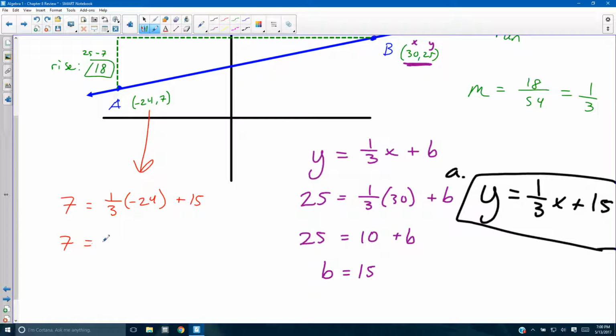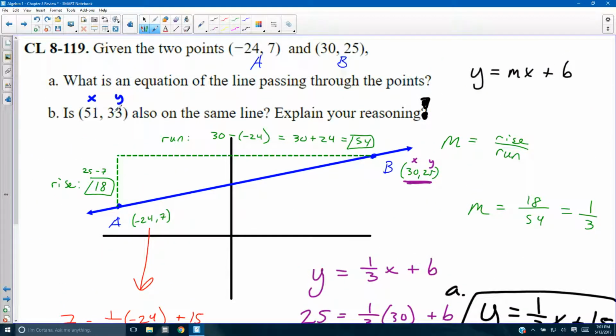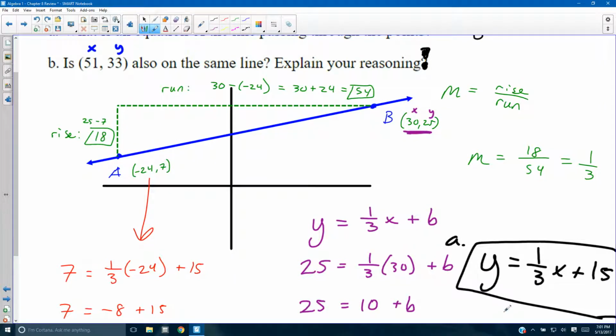A third of negative 24 is negative 8, and negative 8 plus 15 is 7. What's true about points on the line is that the left side will equal the right side. So let's try and substitute 51 for x and 33 for y into our equation, and let's see if the left side equals the right side.